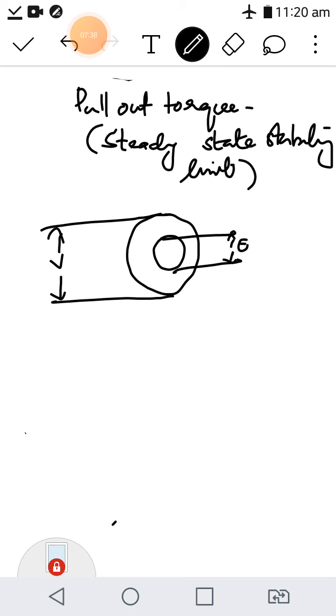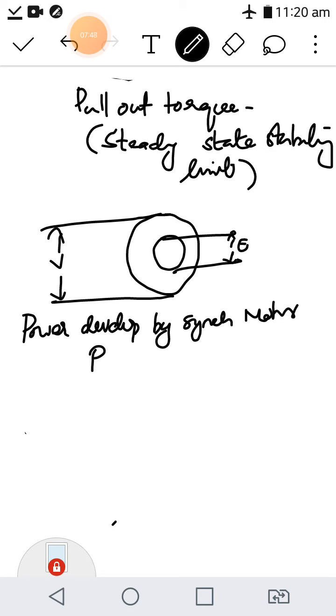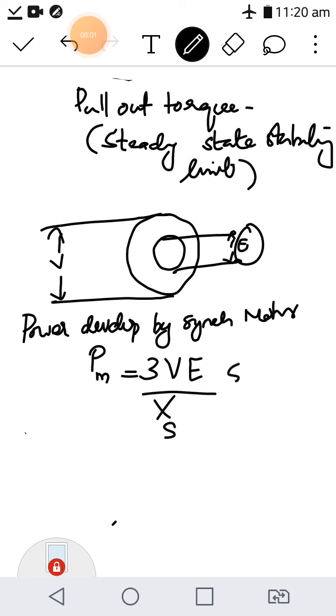Then the power developed by the synchronous motor is equal to Pm equal to 3 into V into E divided by the synchronous reactance Xs into sine delta, where delta is the angle between V and E. Okay, now what is torque?